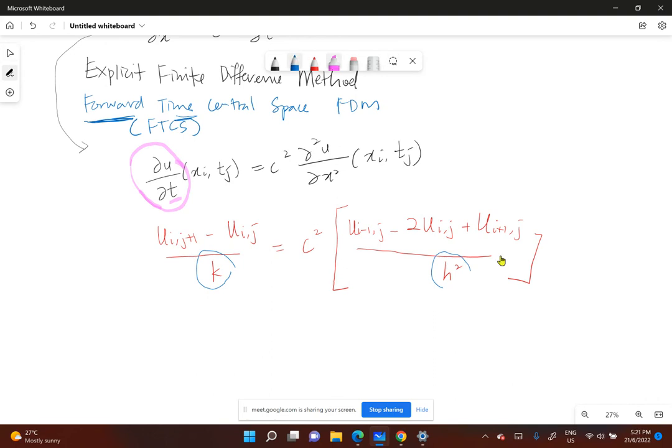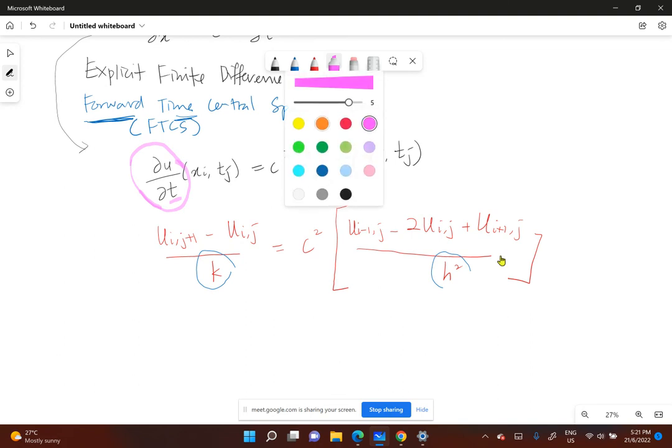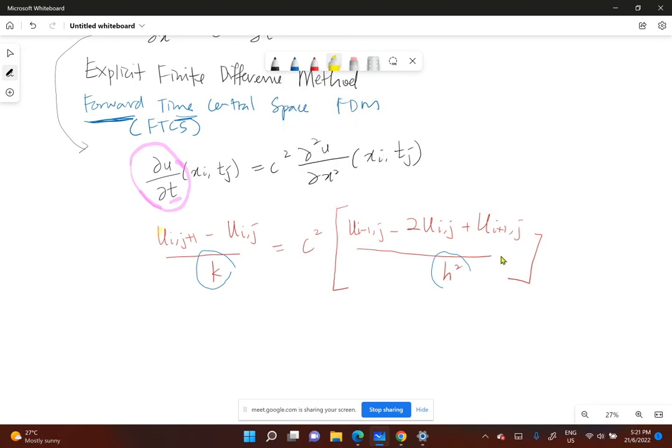And if you look at this one, we have berapa dia punya u tu. We have uij plus 1. Let's say, saya lukis kalau katalah ini adalah uij plus 1.